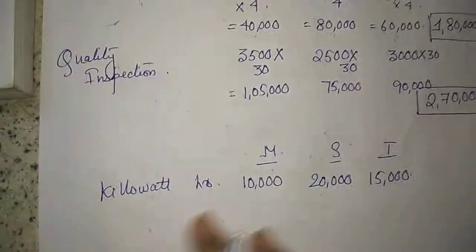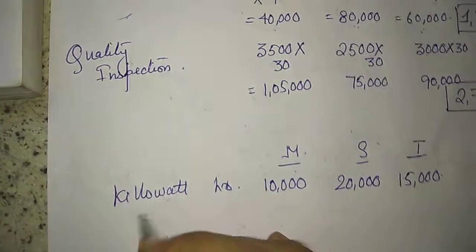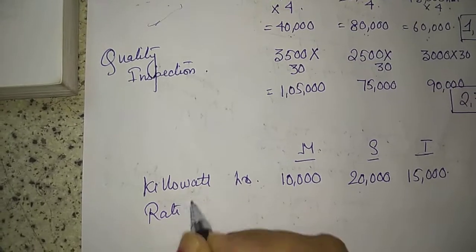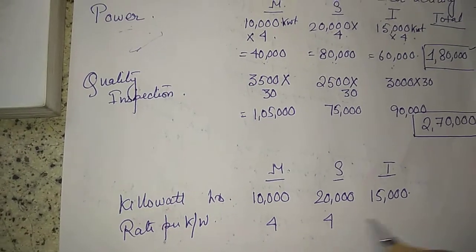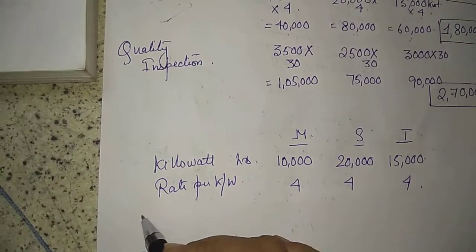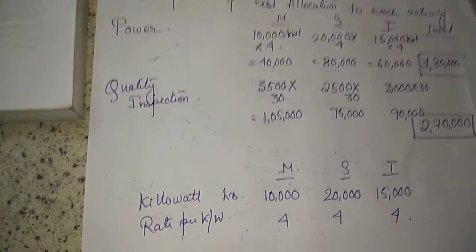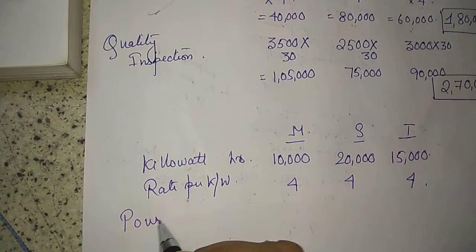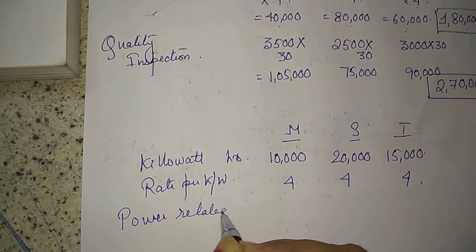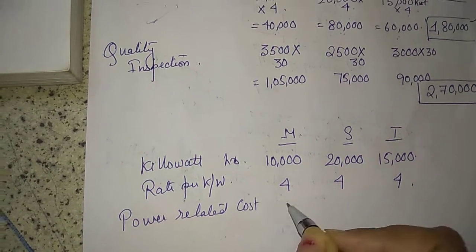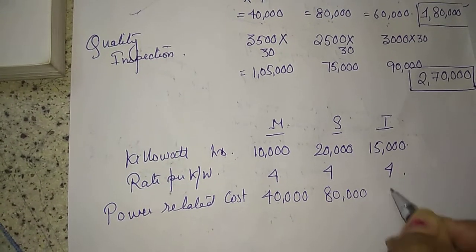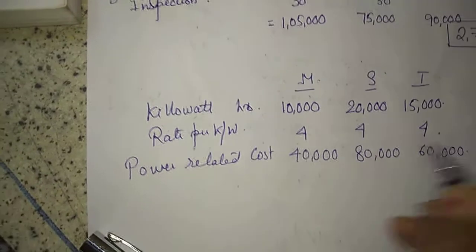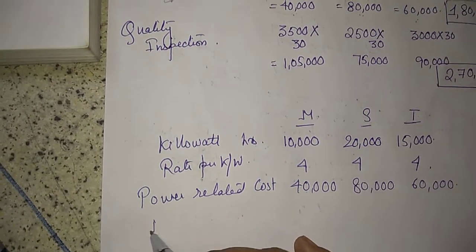And here 15,000. Rate per kilowatt hour is 4, 4, 4. So power related cost is 40,000, 80,000, 60,000.